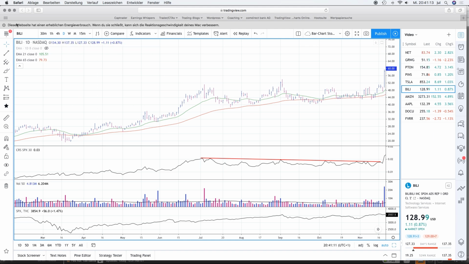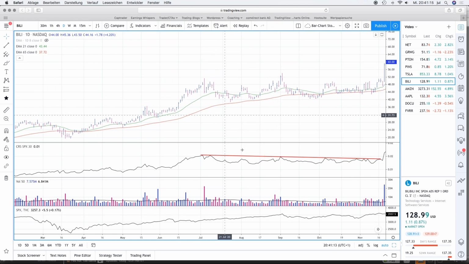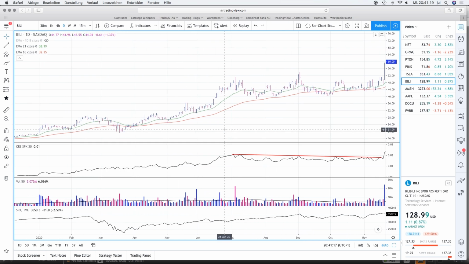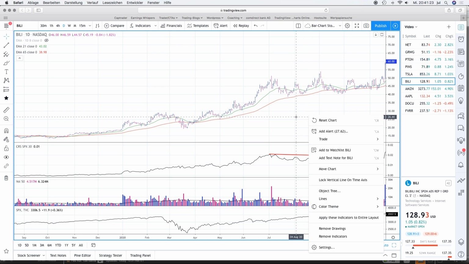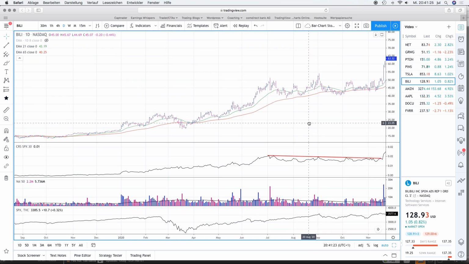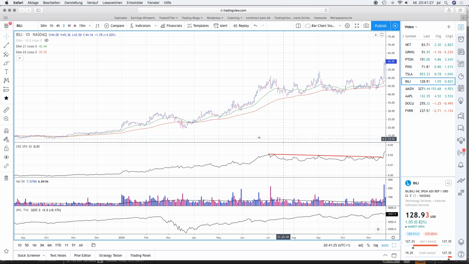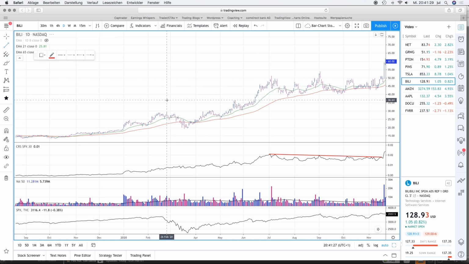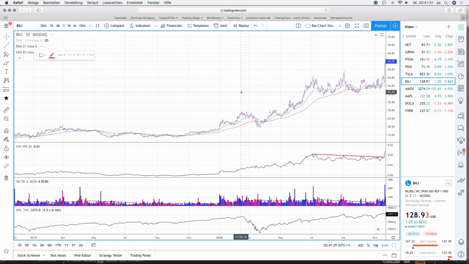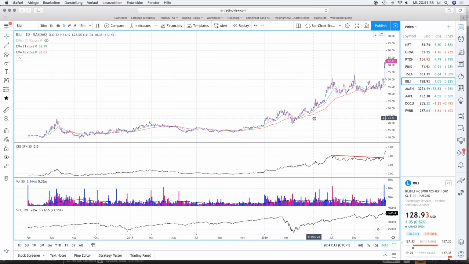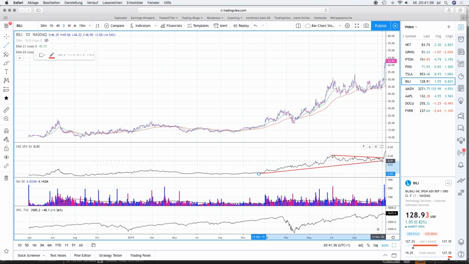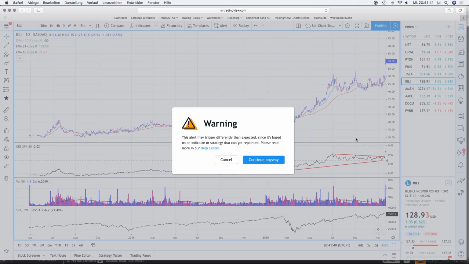What I want to say to you is that you should always compare the price action to the RS line. There are definitely some periods in the market when the stock is underperforming the market. But if you zoom out a little bit and look at the slope of the RS line, it's still up.